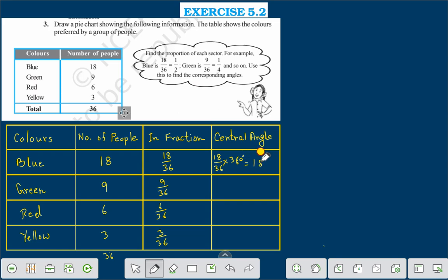Next, 9 by 36 into 360 degree. That we are getting 90 degree.